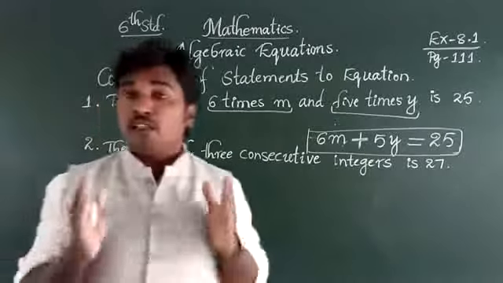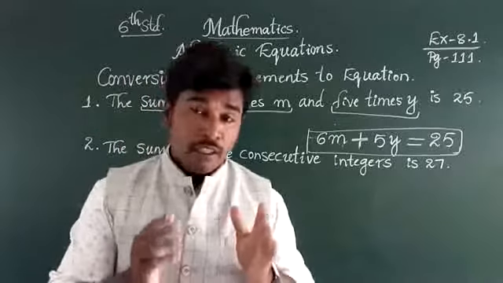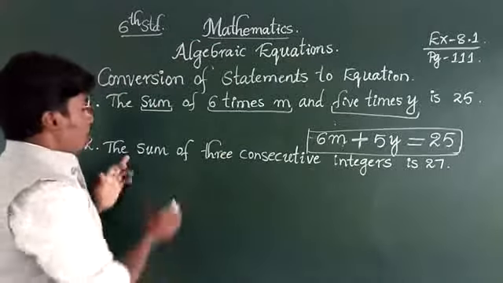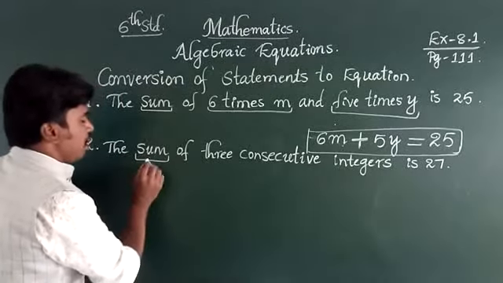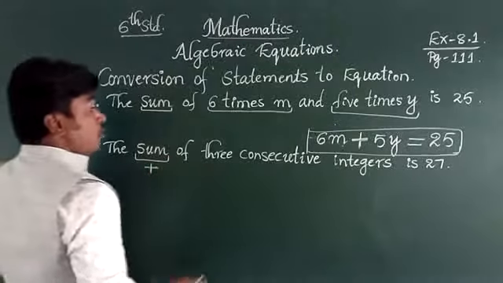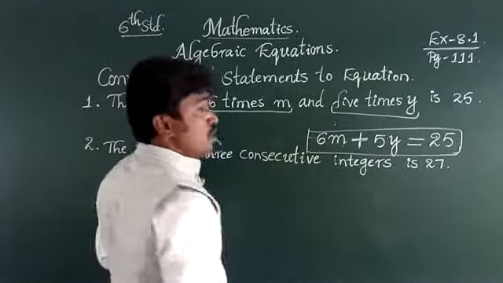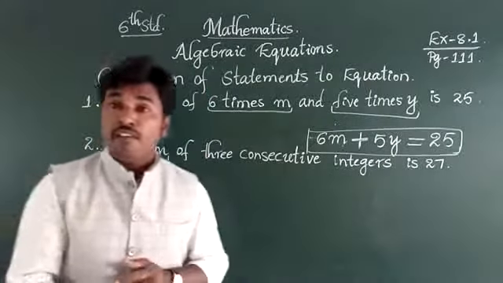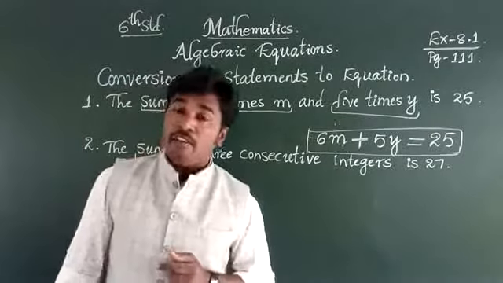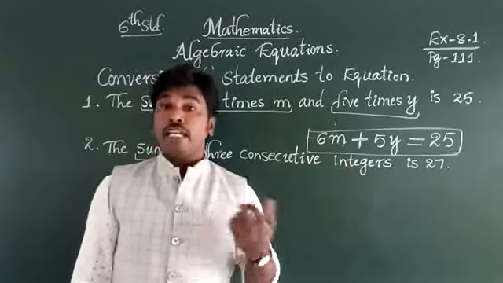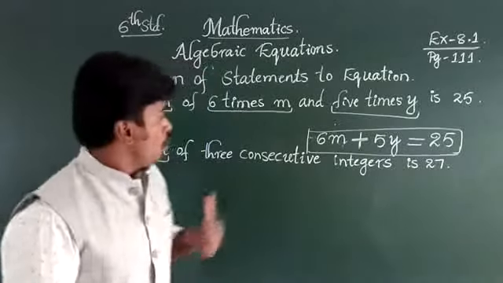Here you split the question statement and you should know what is meant by sum. Sum indicates that it is plus. Three consecutive integers. You know the meaning of integers: a group of positive and negative numbers is called integers.